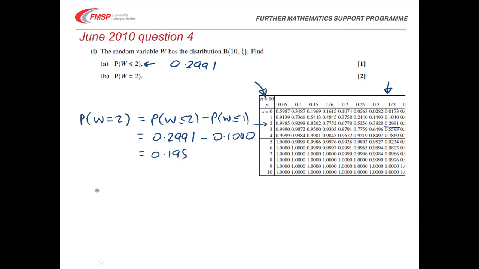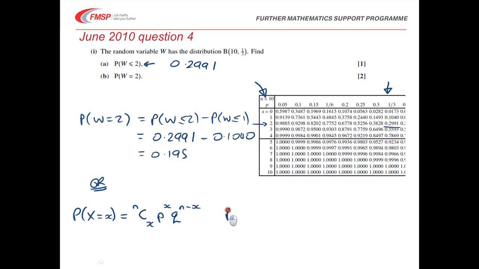That's absolutely fine. Or there's a perfectly good formula. So the formula goes like this: to get a specific binomial value, it's going to be n choose x, p to the power of x, q to the power of n minus x, again where q is equal to 1 minus p.